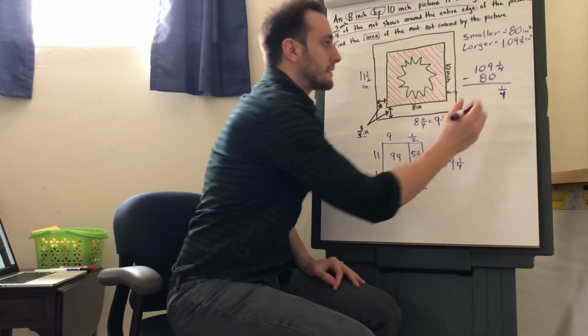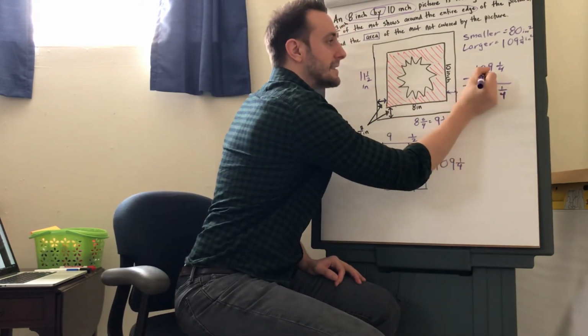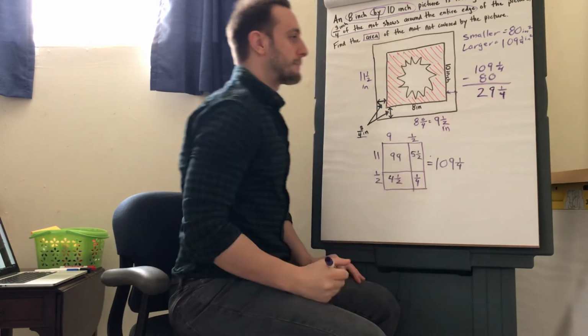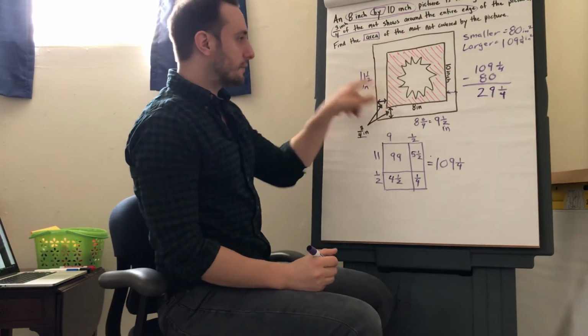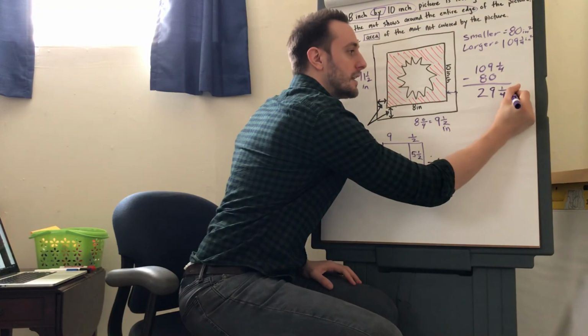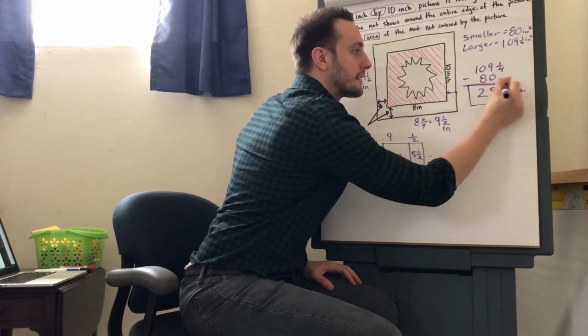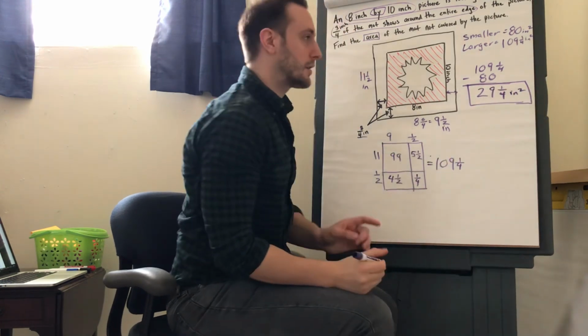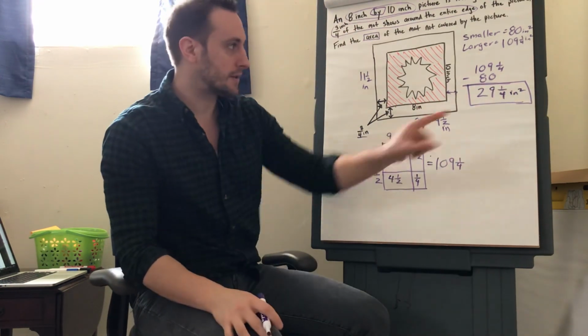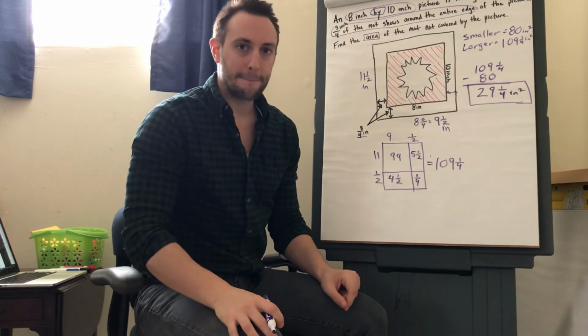But 9 minus 0 is 9, and 10 minus 8 is 2. So the area of this right here is 29 and 1/4 inches squared, and I'm going to circle that, which many of you do not do in your homework and problem set. So make sure you circle your answer, and that's my answer.